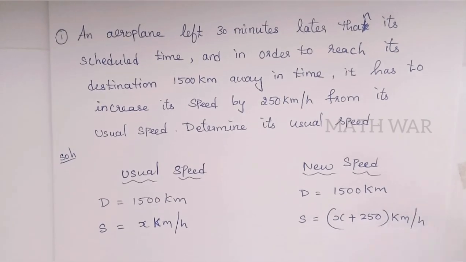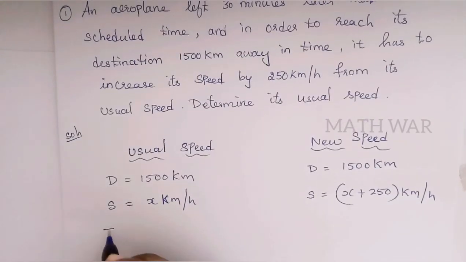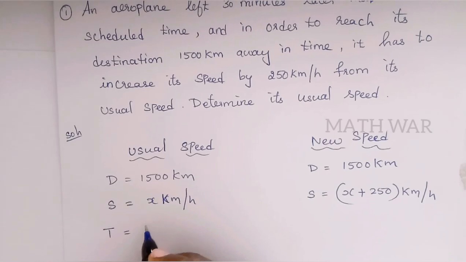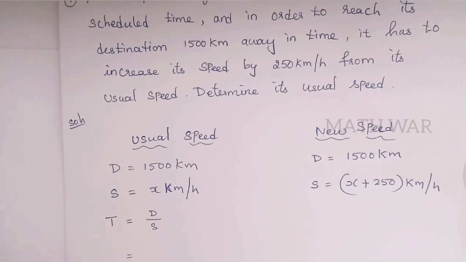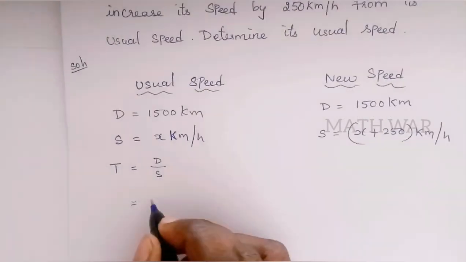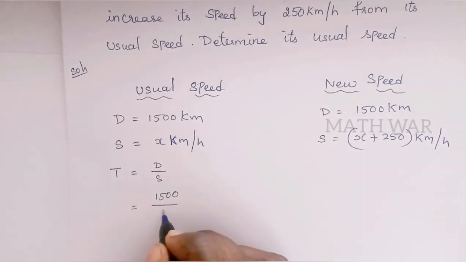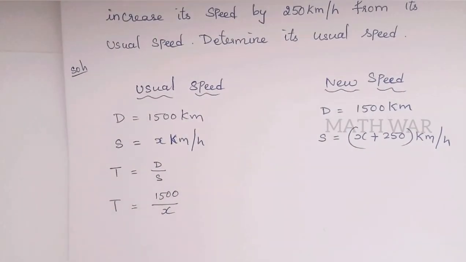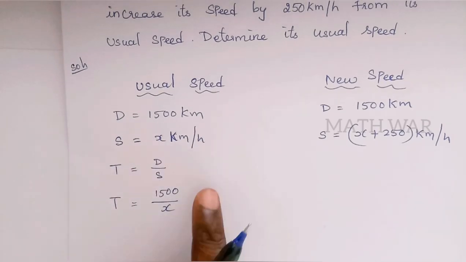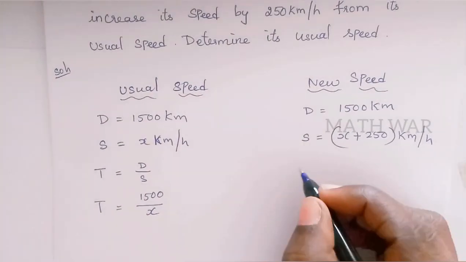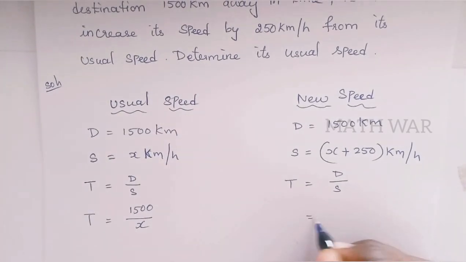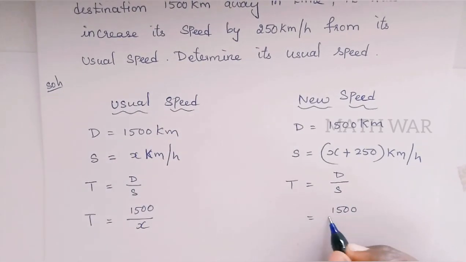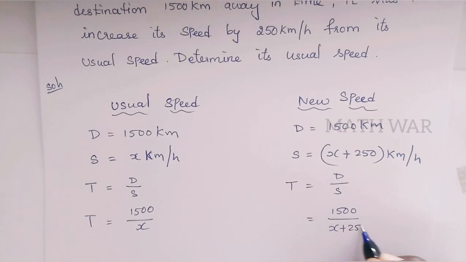Now time taken we will find. Time taken is nothing but distance by speed. This formula we know. So it is 1500 by x. Usual time taken by the aeroplane is 1500 by x. At the new speed, time is again distance by speed, that is 1500 by x plus 250.